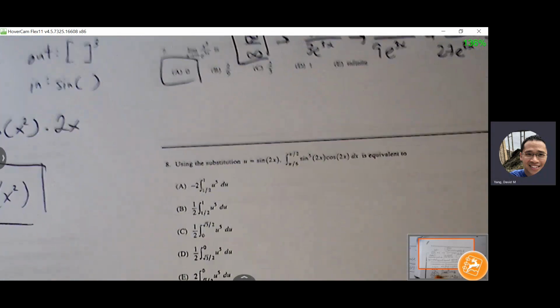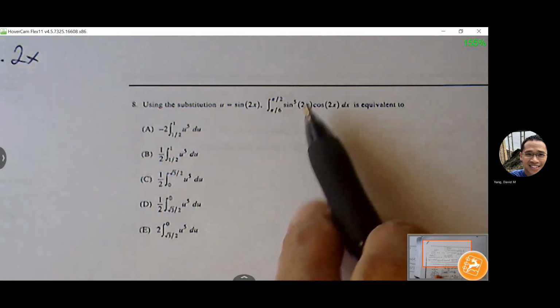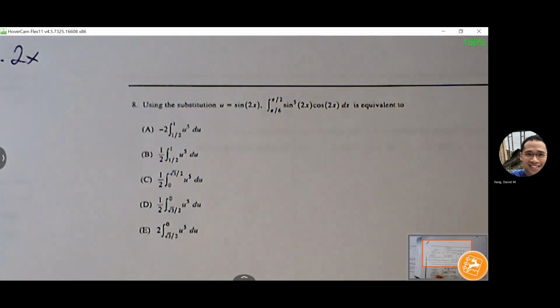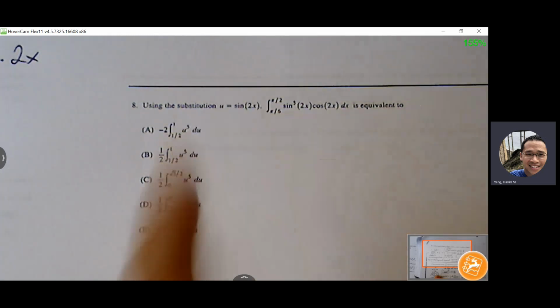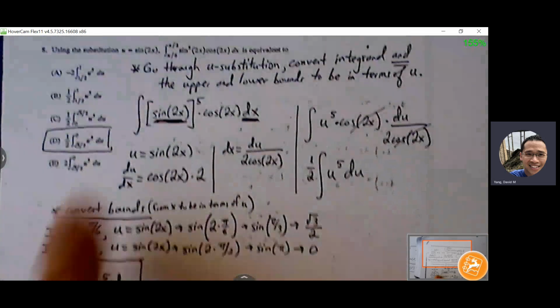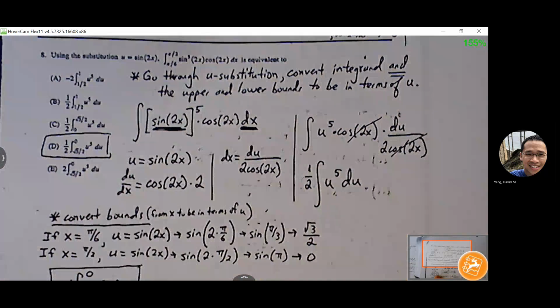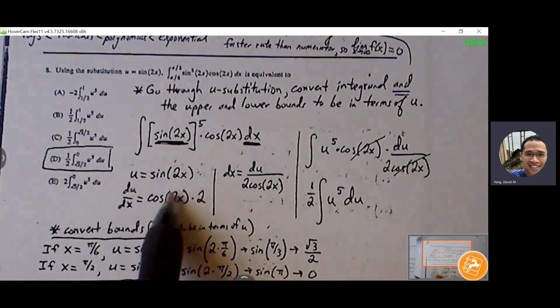Okay, last problem here. Using u substitution. Let's see if we can get something equivalent to what we have here. So we'll let the u value be the portion inside the sine, the sine 2x, but it's best to pull out that exponent first to clearly see it in context, and then we can let our u value be sine of 2x. du dx is cosine of 2x times 2.